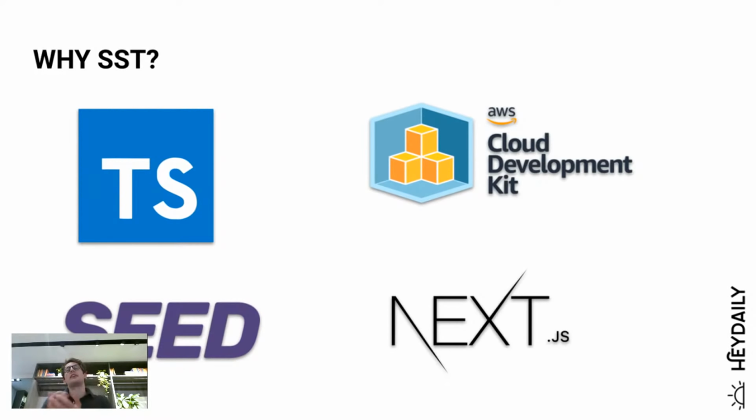But not only have they got these good abstractions, the escape hatch, as people have described it, means that we're not going to be limited by SST not having a particular functionality. And that's a really, really important thing for anyone choosing a tech stack: am I going to be stuck from doing what I want to do?